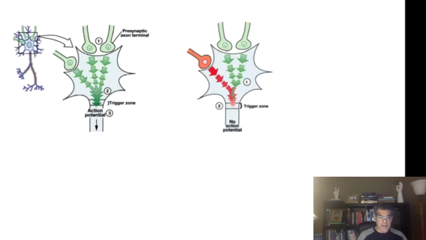Now, let's take a look at this diagram. In this diagram, let's say this is the only neuron that synapses with this cell body. Don't worry about this too. If this neuron opens the nicotinic receptor, sodium is going to come in. But let's say when it gets to the trigger zone, it's not going to change from minus 70 to minus 55.